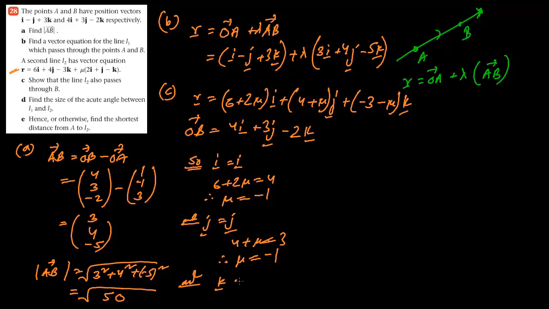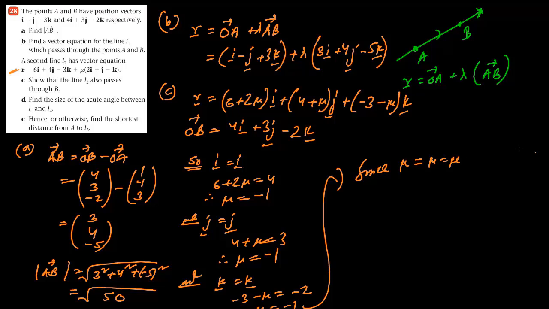And k equals k: minus 3 minus mu equals minus 2. Therefore, mu equals minus 1. So since mu equals mu equals mu, the point B lies on L2. That's it.